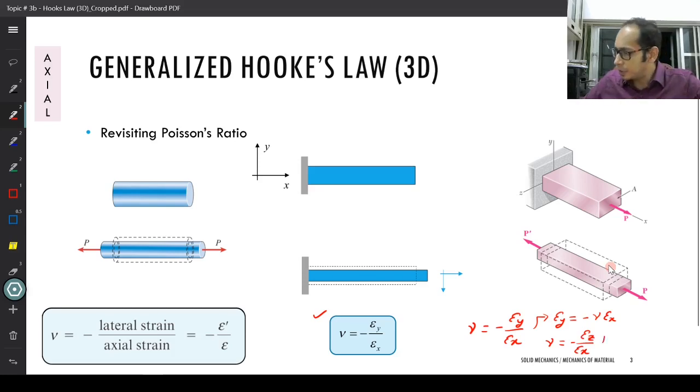And this will further give me the relationship that epsilon z is equal to negative nu epsilon x. So I get two relationships over here, number one and number two, from the Poisson's ratio by considering the contractions about the y as well as the z direction.